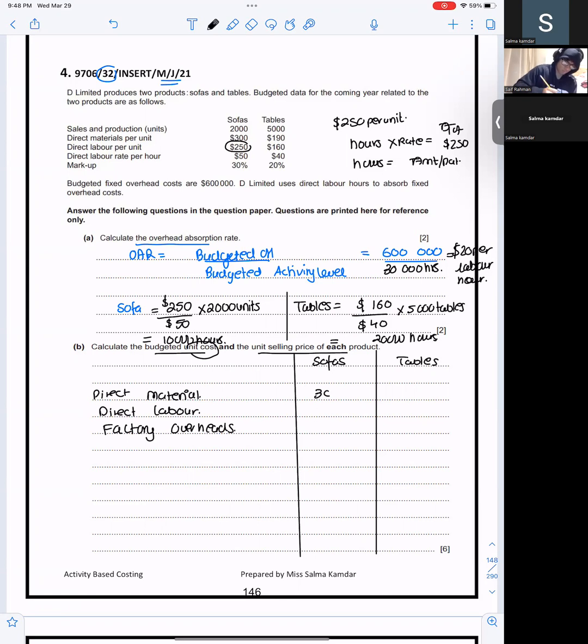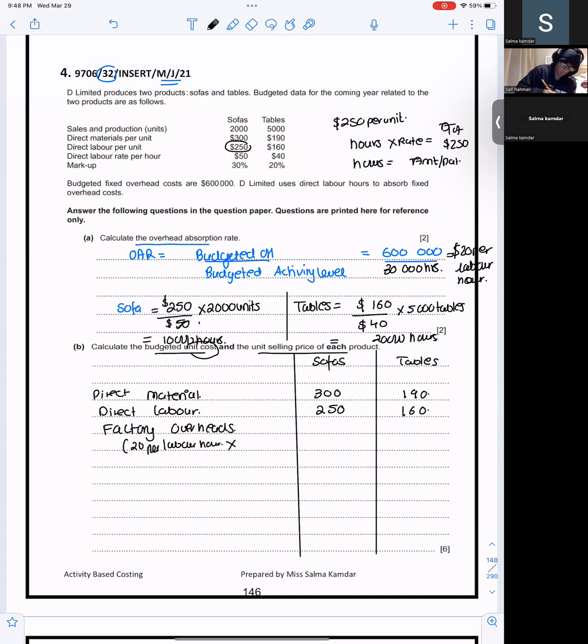Direct material is 190. Direct labor is 160. Factory overheads would be $20 per labor hour. And how many labor hours do you need for sofa?